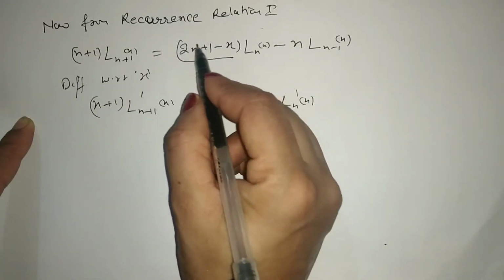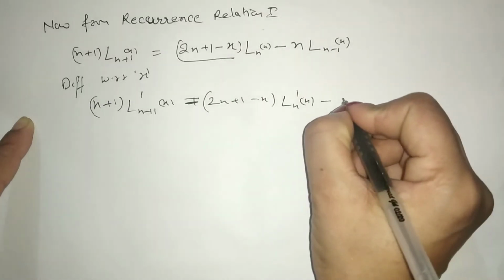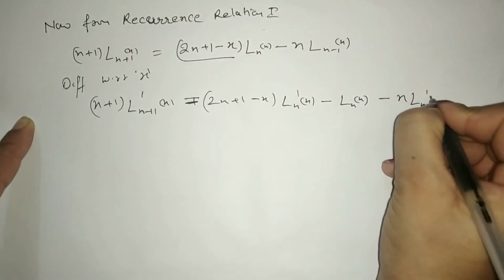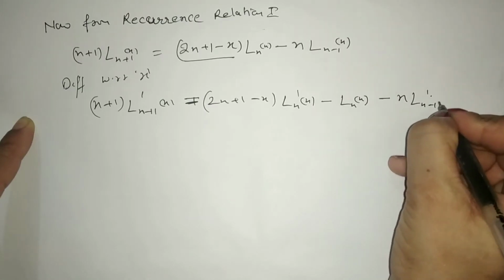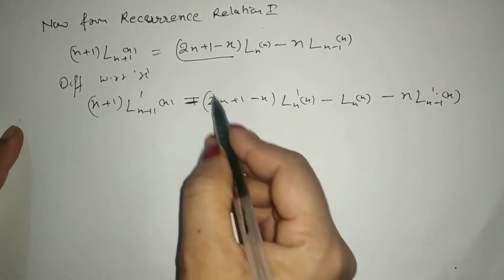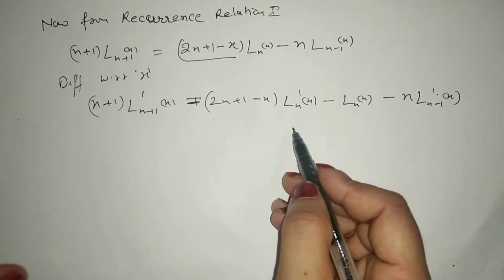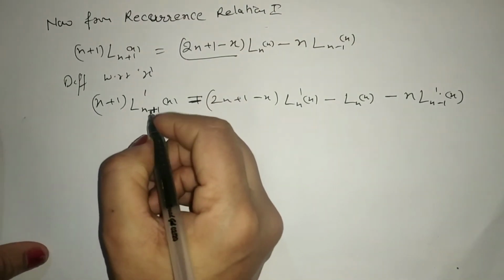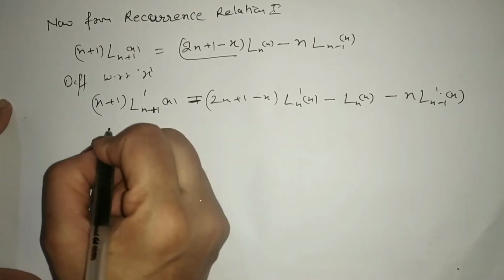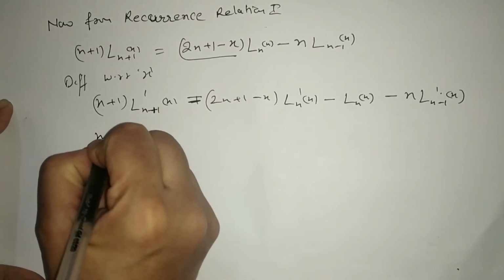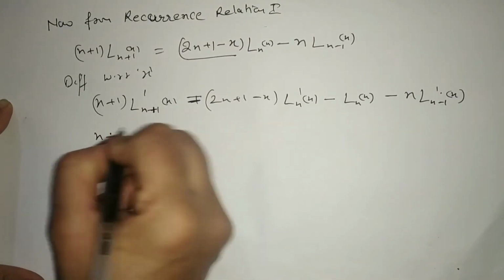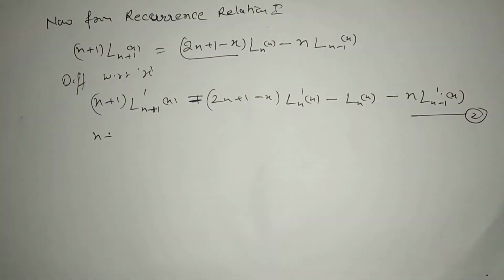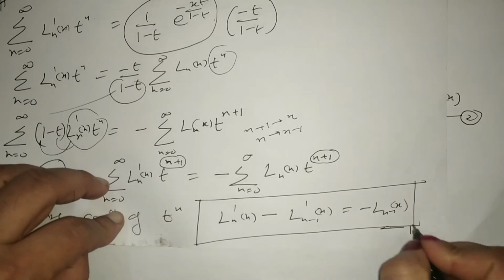So this is 0 derivative, it is minus 1 into ln minus n into l(n-1) dash x. So differentiating this, we get this result, which we can now write in this way, or you can name it as number 2. We have this first result, this is number 1.